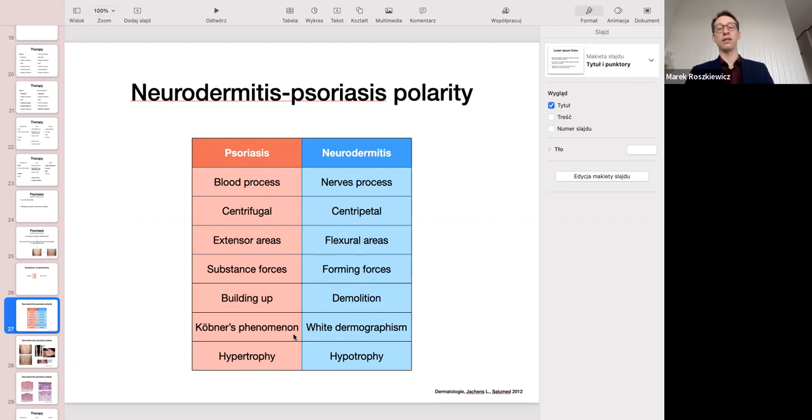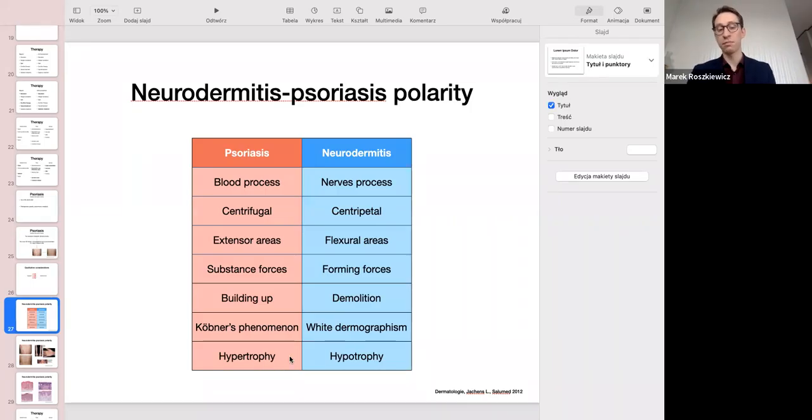It is when we scratch our skin and make a little destruction. When the psoriasis is active, it will build up new lesions there, and they will spread out from this point. So when we are damaging the skin, this building up, healing process going too much creates the lesions of psoriasis.